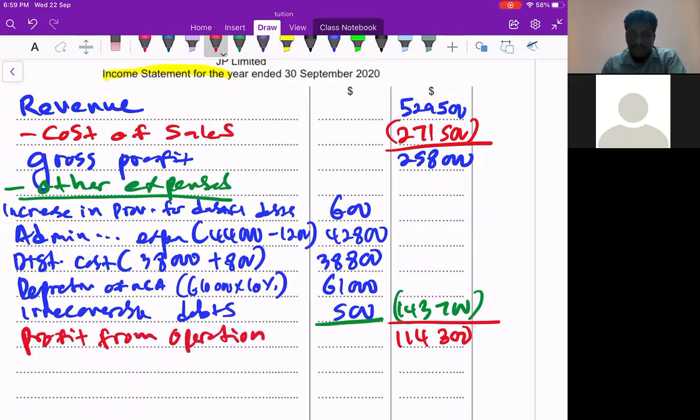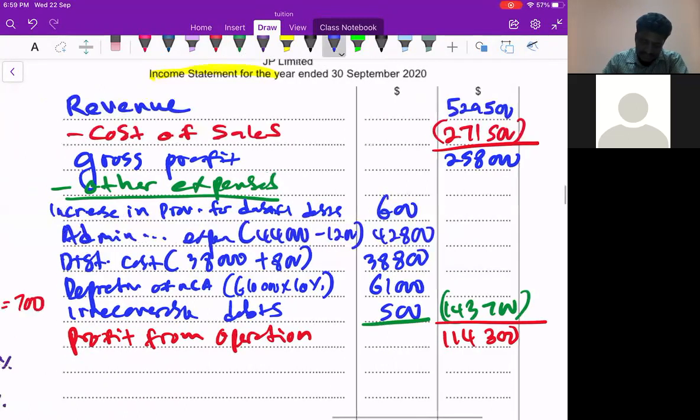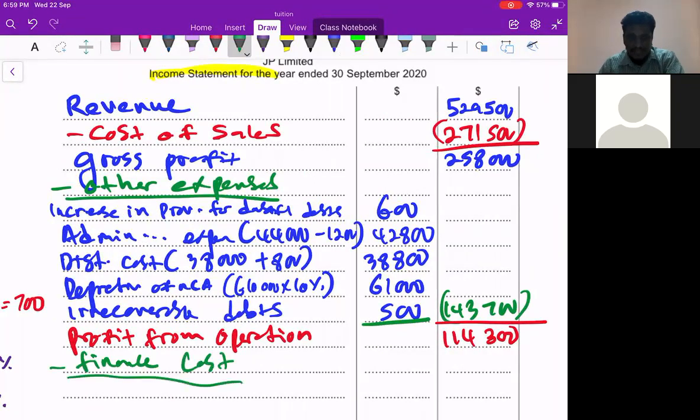This profit from operation will be minus with finance cost. If you want to write or don't want to write the finance cost title, no problem.